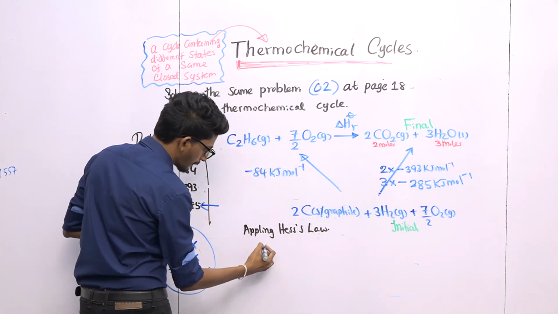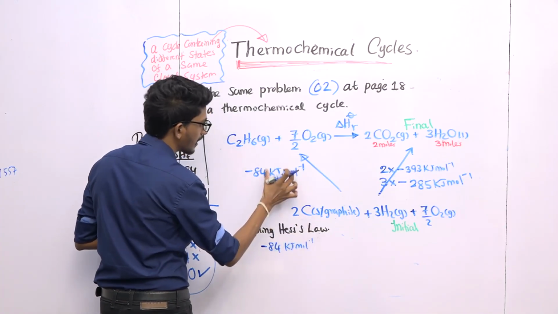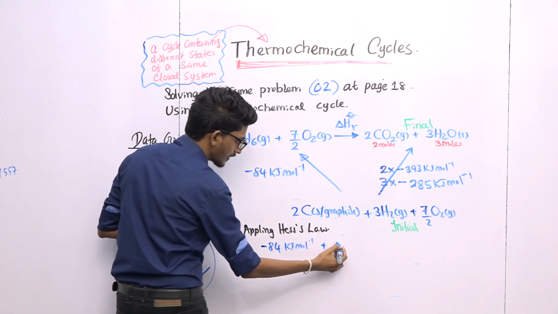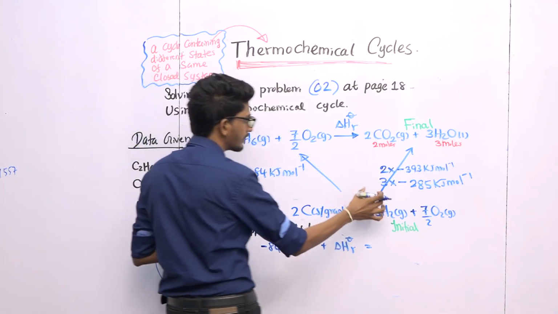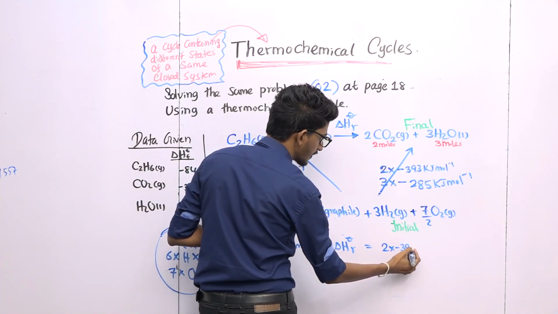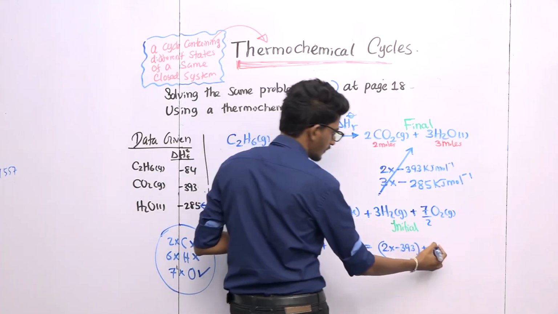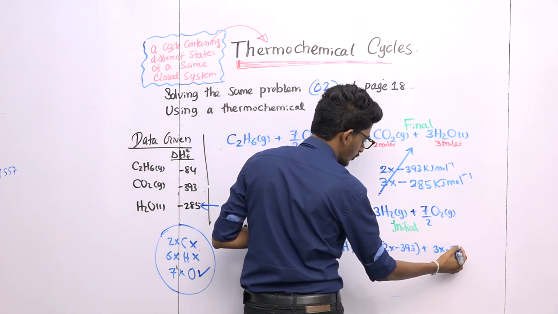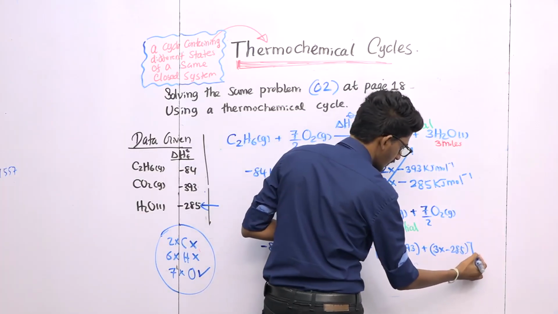So minus 84 kilojoules per mole plus this delta H naught R is equal to this route value, that is 2 into minus 393 plus 3 into minus 285, right?